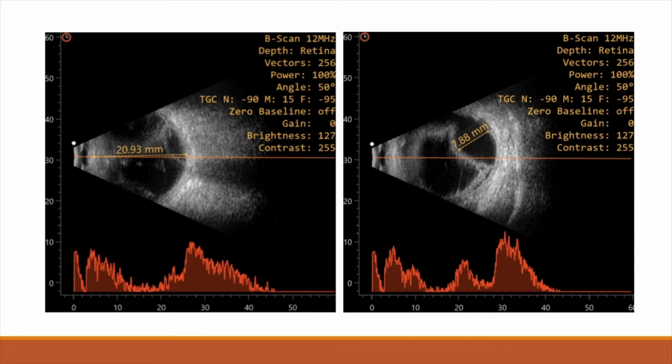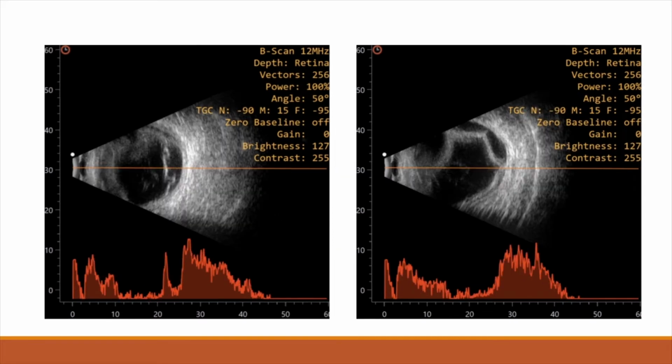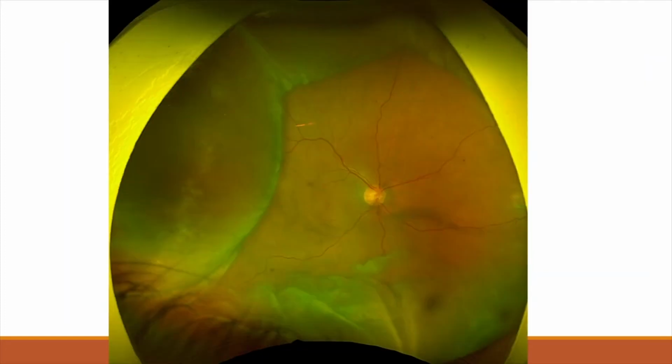And on doing further scan of other areas, we can see that there is a highly reflective membranous echo with less after movements suggestive of retinal detachment. So this was a case with 360-degree serous choroidal detachment with inferior exudative retinal detachment.